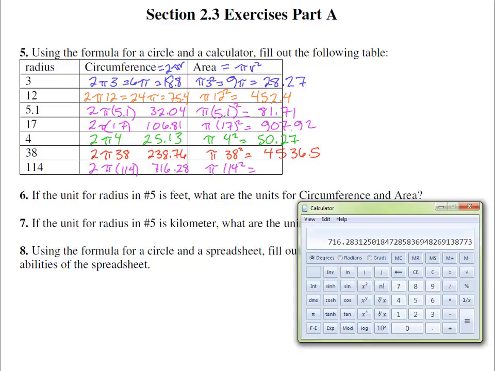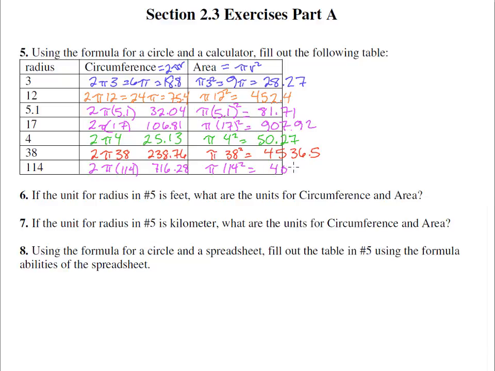This is going to be large, I think. 114 squared times pi equals 40,828.14.